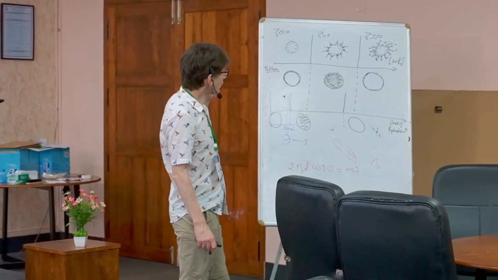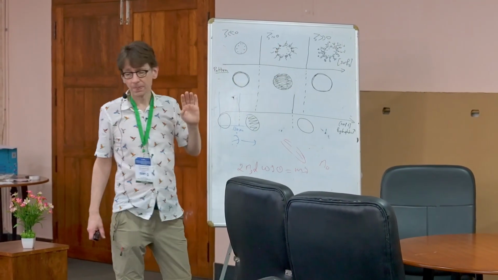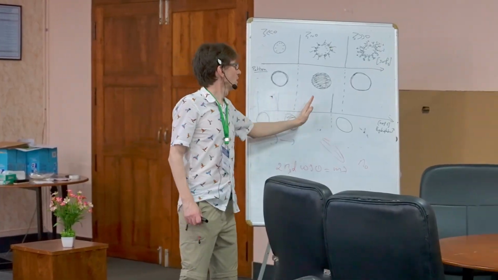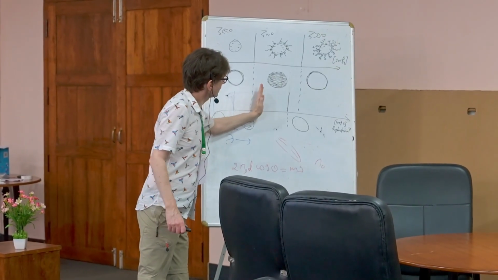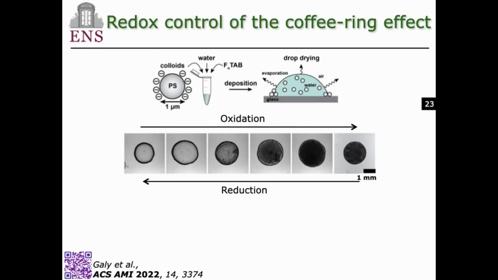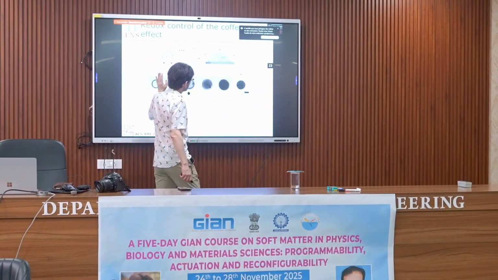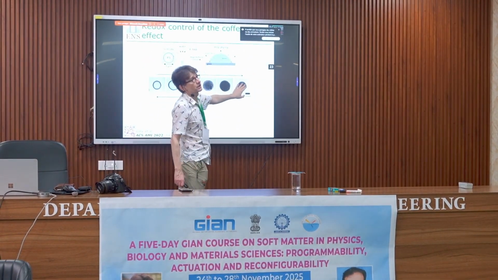So more neutralization means it will be easier to reach this state. So amphiphilicity should shift to the right and charge should shift to the left, so we don't know. And it happens that the charge effect wins. So when you oxidize, your surfactant is more charged, you neutralize the particle, and then you reach the disk.